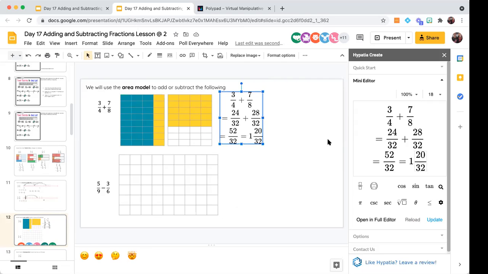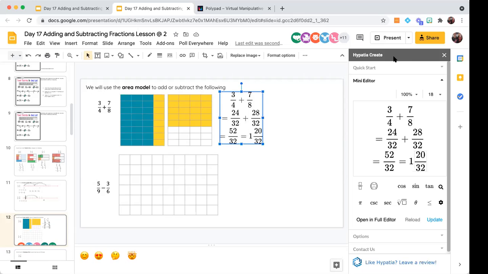If I'm looking at 3/4 and 7/8, 6/8 is the same as 3/4, a much smaller fraction. But at the same time, it doesn't matter what those denominators are. When they're the same, we still can add the pieces together. So if you have a student struggling with what the common denominator could be, because a lot of students get hung up on that, why not use the visual area model to help you?